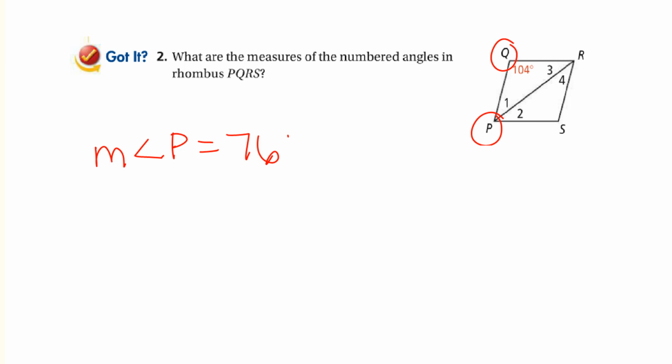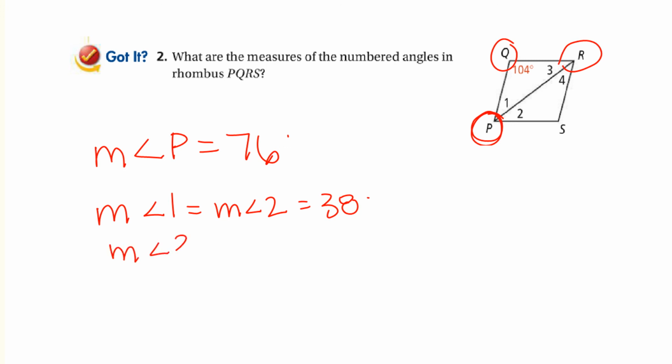So the measure of angle 1 and 2 are, what's half of 76? 38 degrees. And then we remember that the opposite angles are also congruent. So P and R are congruent. Therefore 3 and 4 are also 38 degrees.